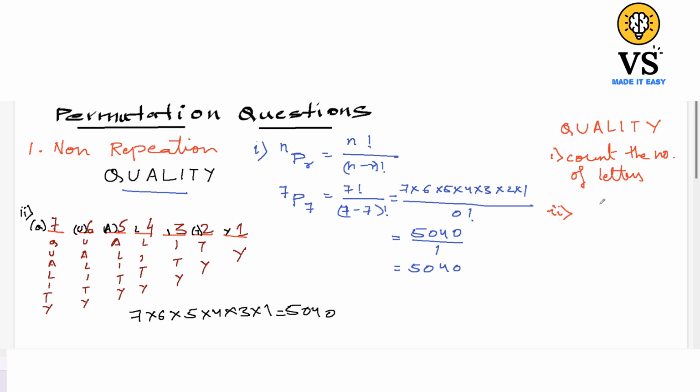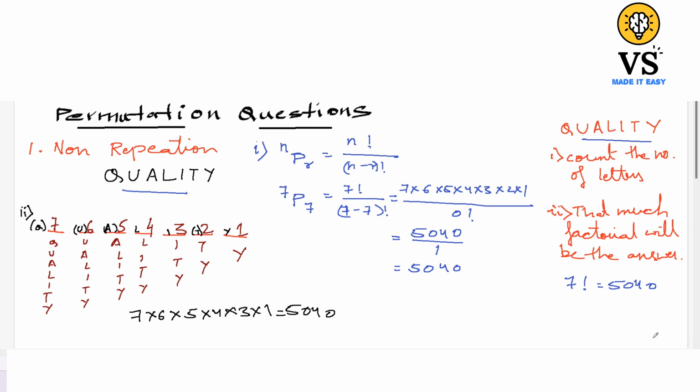Now second step is what? That much factorial will be the answer. That's all. Simple. So how many letters do we have in the word quality? Totally 7. That much factorial means 7 factorial, which is equal to 5040.